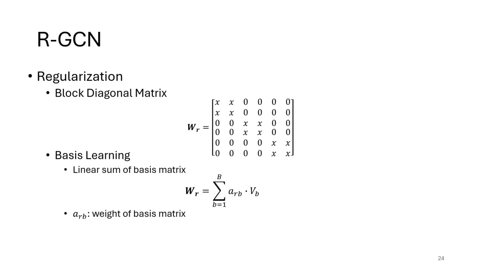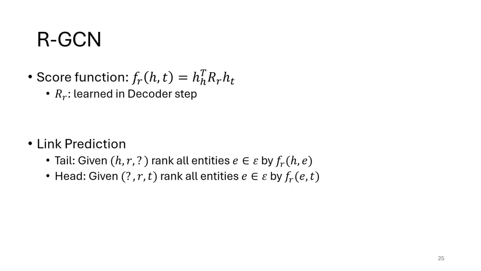And another way is to represent the weight matrix as a linear combination of learnable basis matrices. The scoring function is as shown above. The R matrix is the matrix learned in the decoder stage, and the scoring function of this model is identical to that of the TransE model mentioned above.